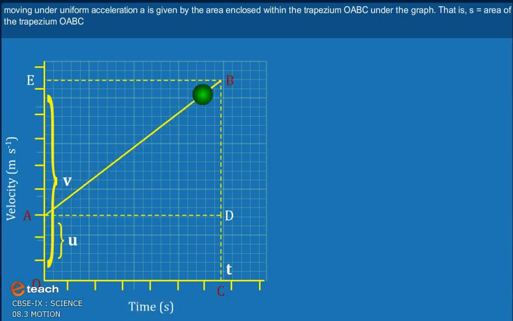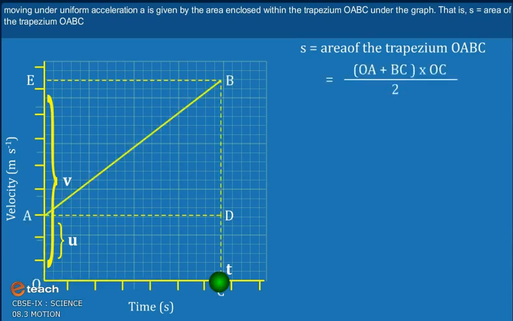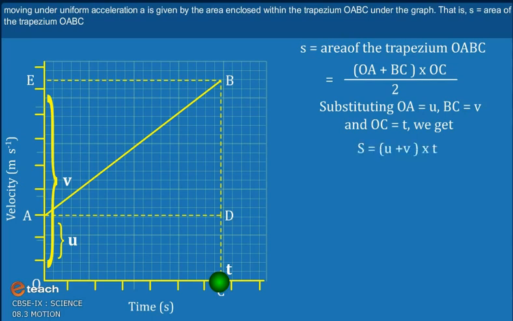That is, s = area of the trapezium OABC, that is equal to (OA + BC) multiplied by OC divided by 2. Substituting OA = u, BC = v, and OC = t, we get s = (u + v) × t divided by 2.